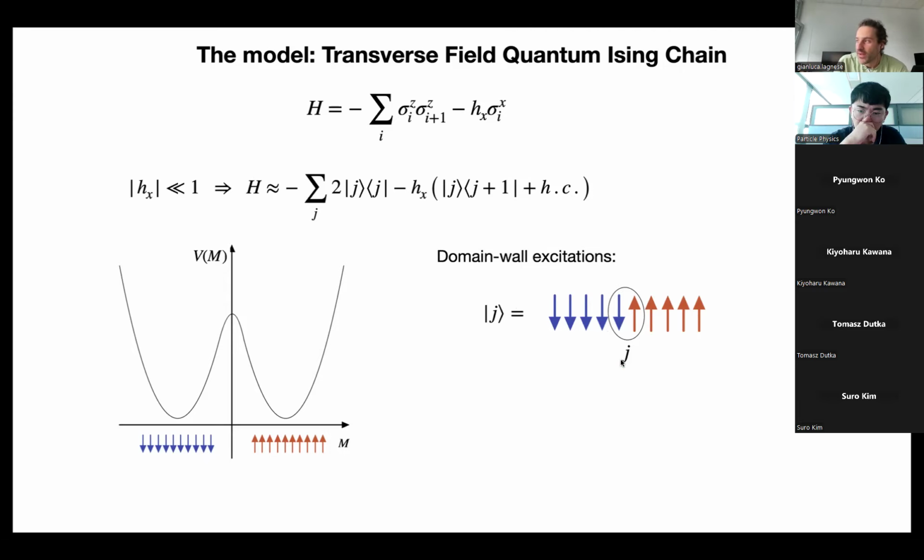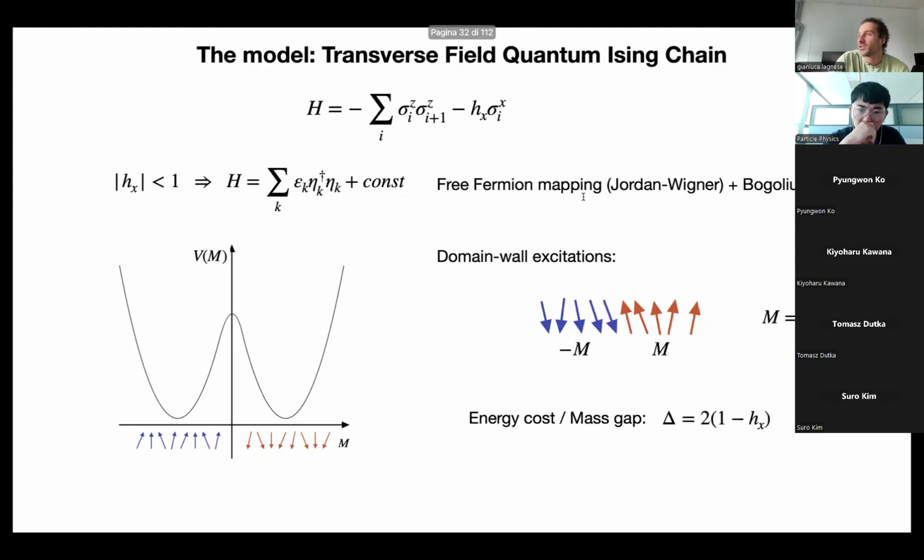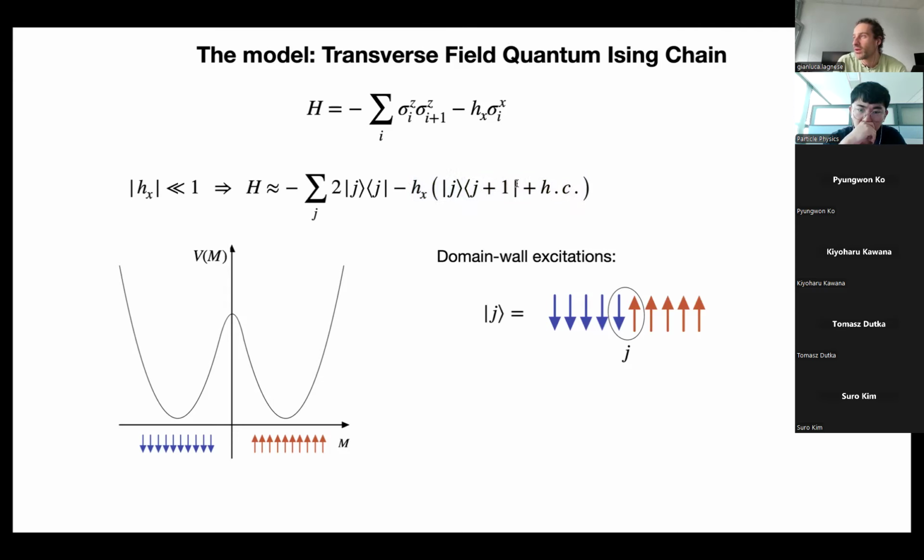The interface is exactly the position of your domain wall. And this term here is just giving you the hopping, so the dynamics. If you apply this part here, this makes the object jump right and left. So this will give you the dynamics of the model.